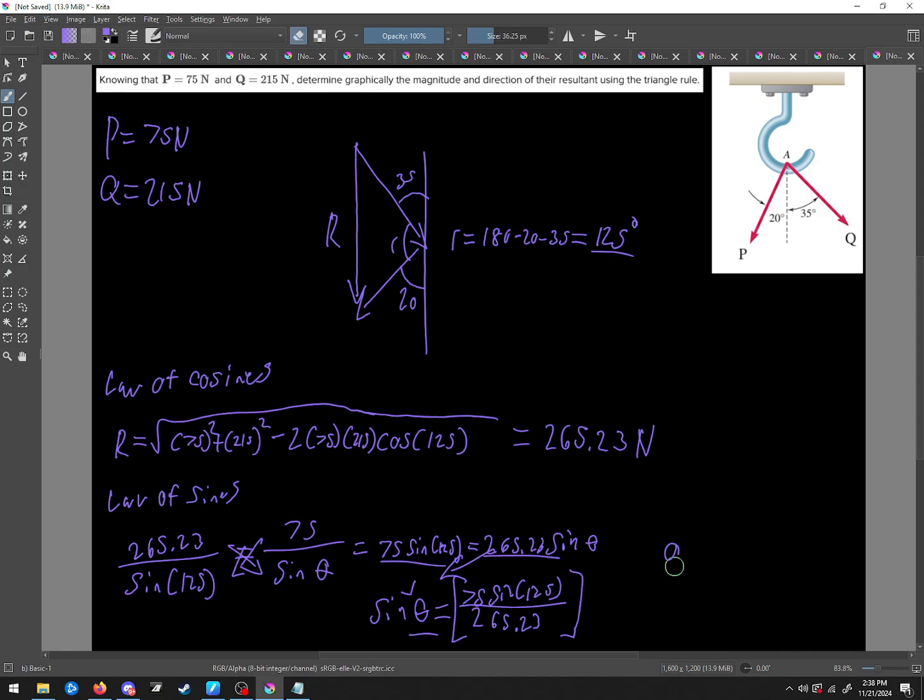So theta is equal to inverse sine of 75 sine 125 over 265.23. I mean, theta equals 13.39. But that's not the whole story.